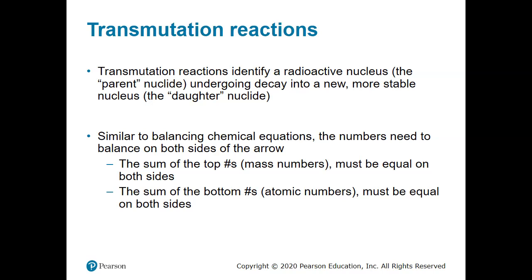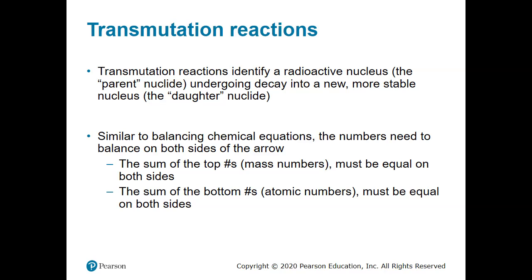So let's talk about the kinds of things that happen when these radioactive decays occur. To understand it, we need to do something called a transmutation reaction. A transmutation reaction is a lot like a balanced chemical equation.